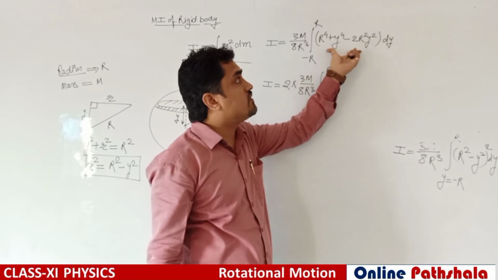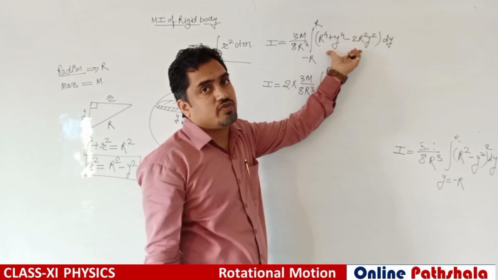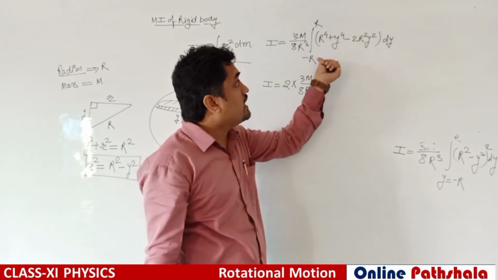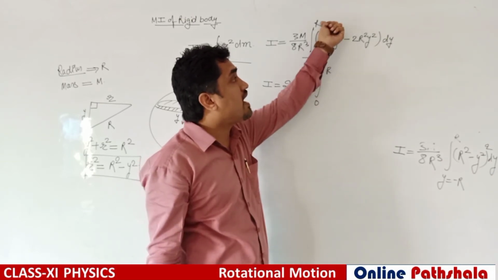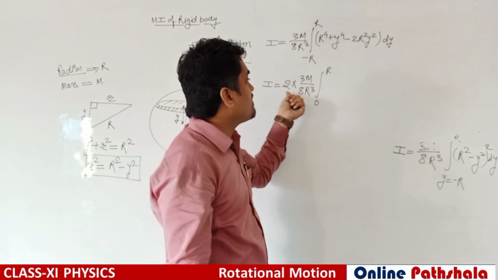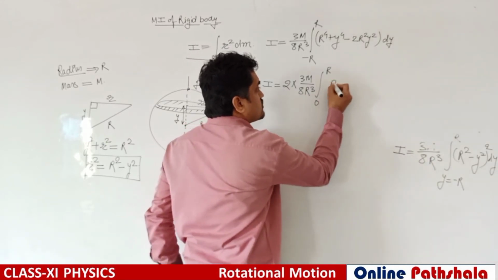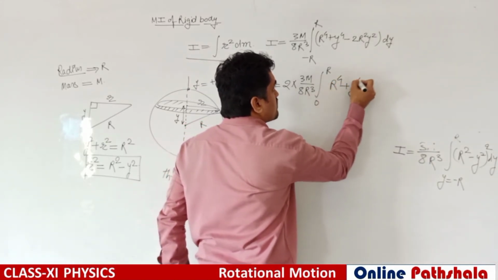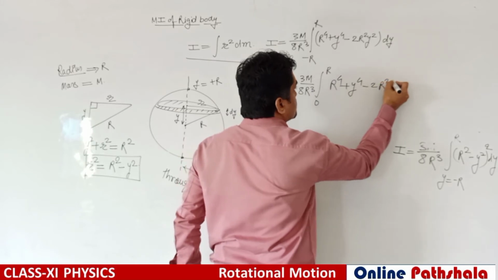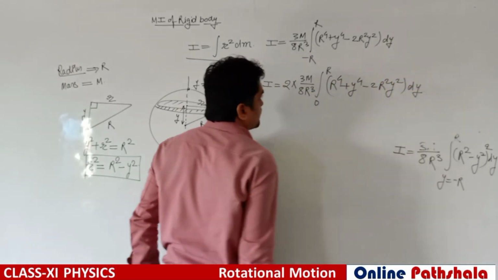If we put minus y, we will get again the same expression. So, integration from minus R to R can be converted to 2 into 0 to R. So, I am multiplying by 2 and integrating from 0 to R of R raised to power 4 plus y raised to power 4 minus 2 R square y square into dy.